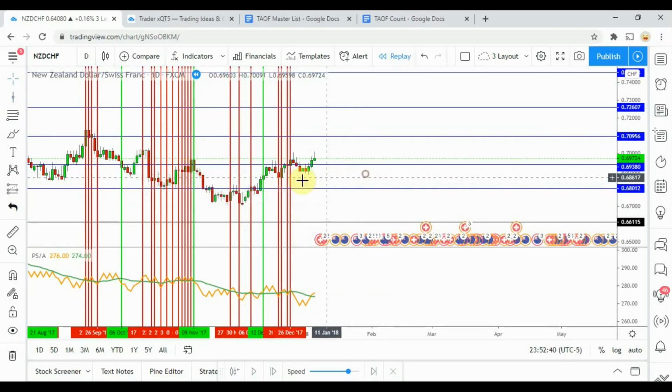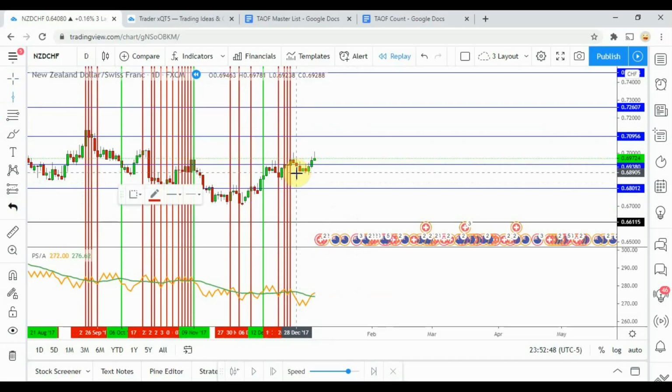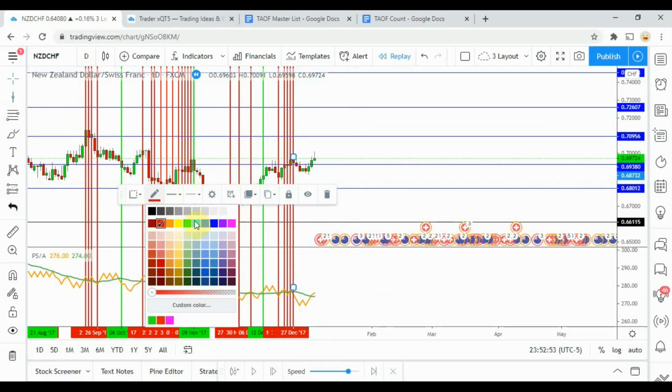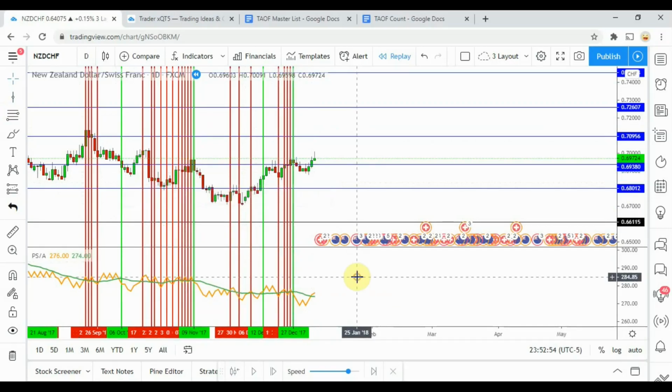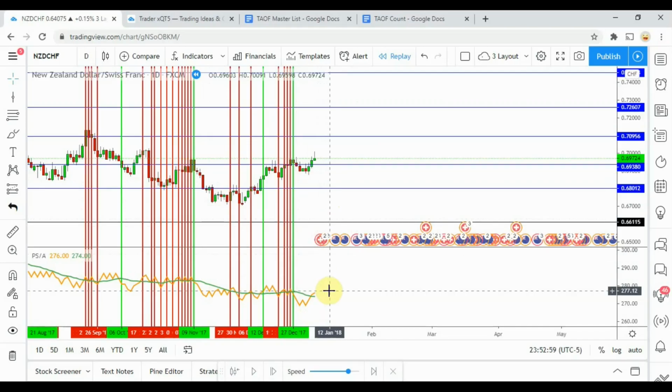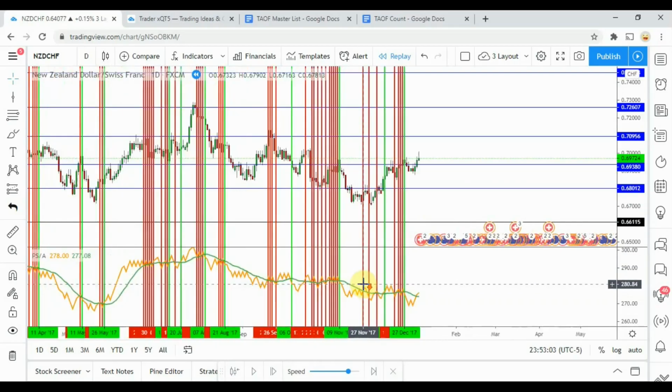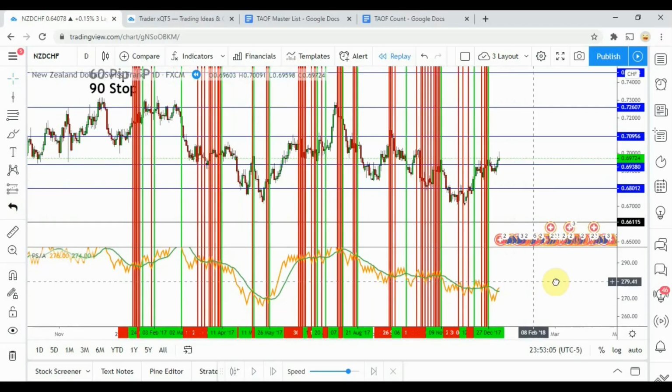Be a little more cooperative. That one right there. Yep, got us to take profit, and that would have put us at the end of the year there.